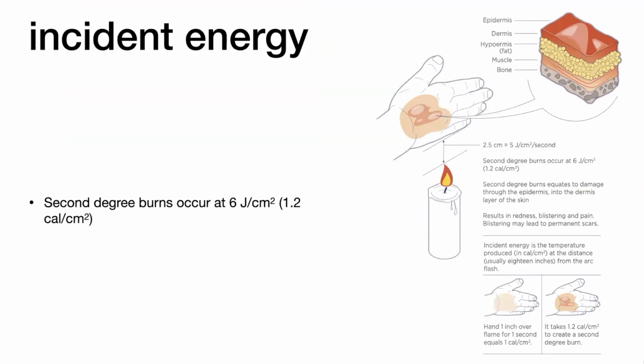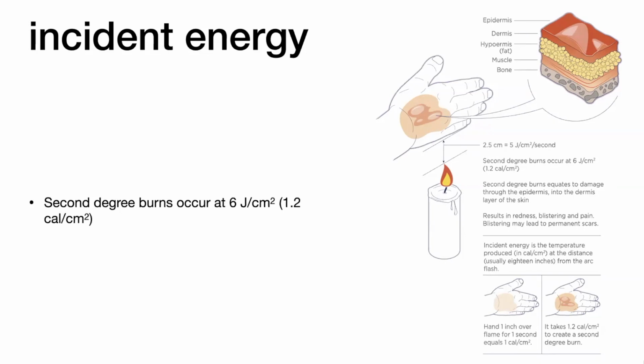To give you an idea of what the units that we use are, we use cals per square centimeter. There's a calculation for joules to cals here. The amount of energy it takes to cause a second-degree burn on your skin is 1.2 cal, and that is kind of like the threshold for PPE.